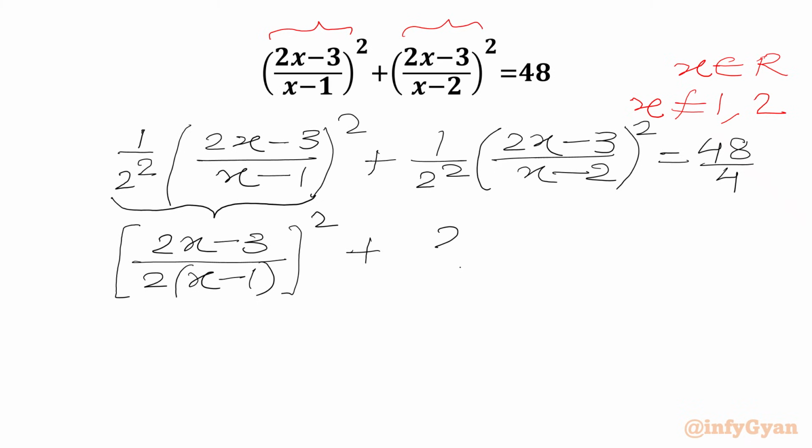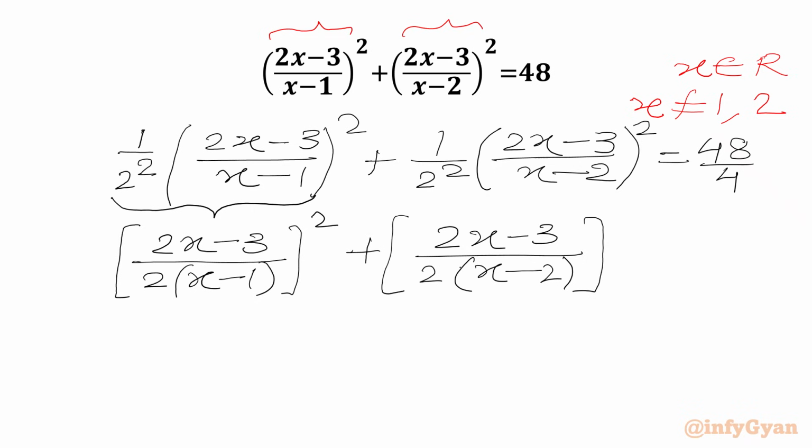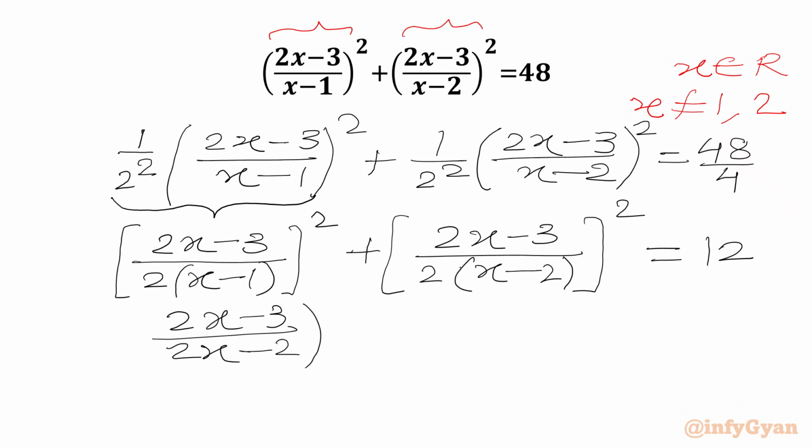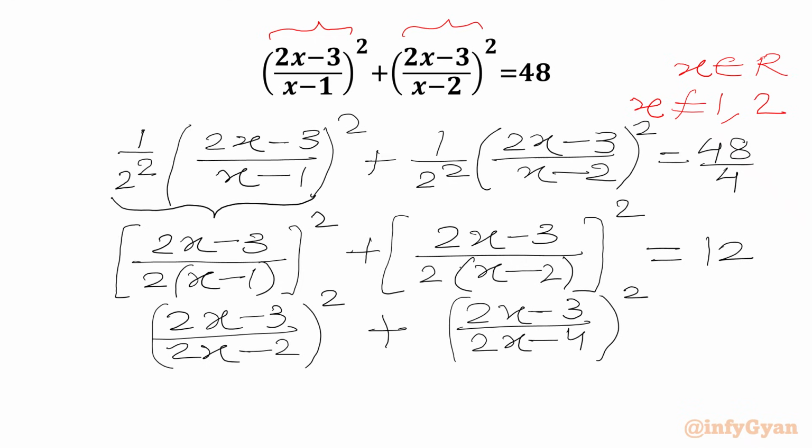Similarly here we'll write (2x - 3)/(2(x - 2)) whole square, and then RHS equal to 12. Or we'll be writing ((2x - 3)/(2x - 2))^2 + ((2x - 3)/(2x - 4))^2 equal to 12.